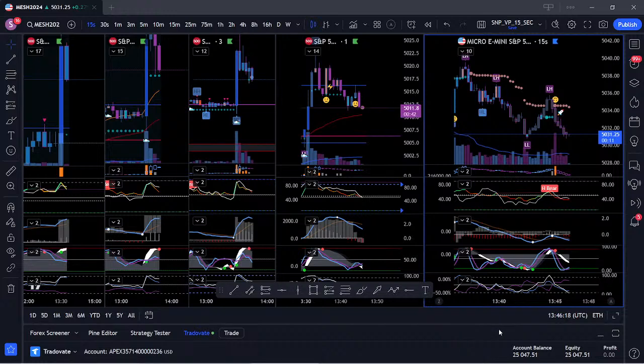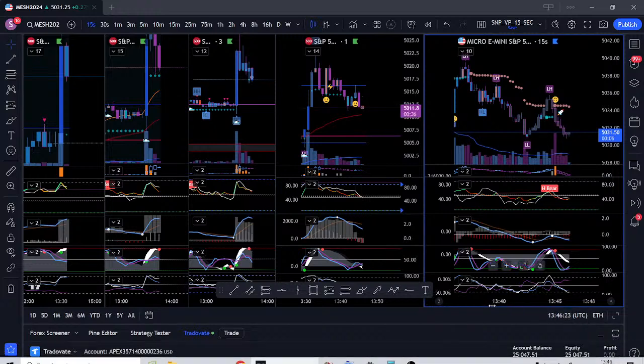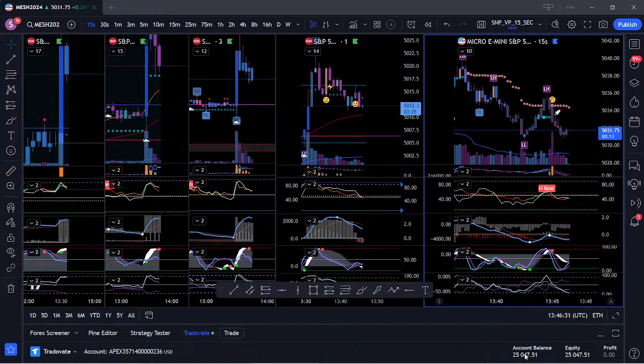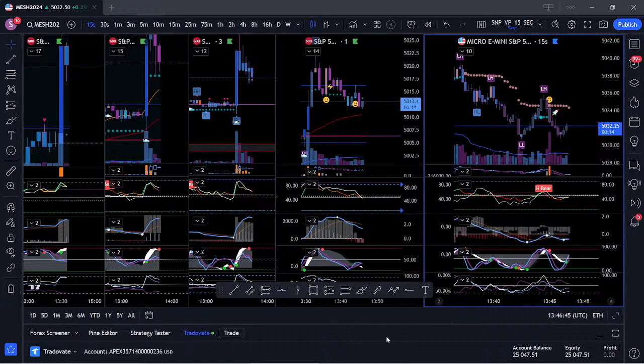Yesterday it was 8th of February. Today is 9th of February. And we made $47 yesterday. Today we are carrying on with our balance for the next. And this is the same account as yesterday. So we want to make sure we always use the same account, with genuineness and honesty in our journey for funding an evaluation or a challenge account.